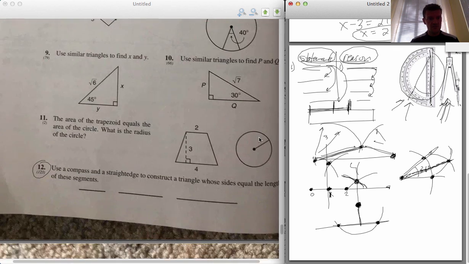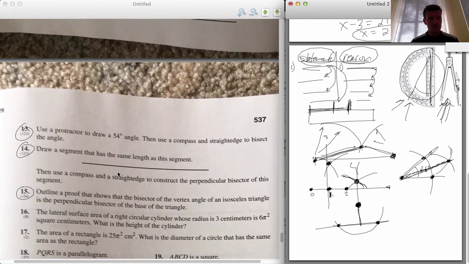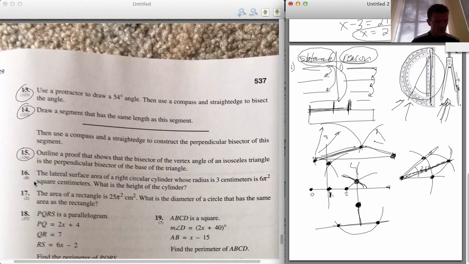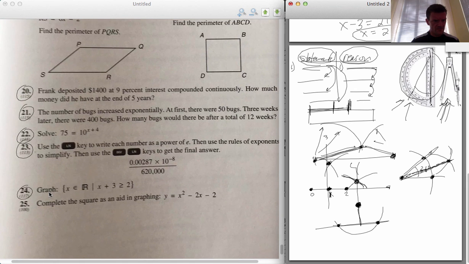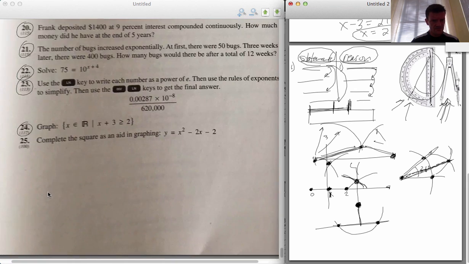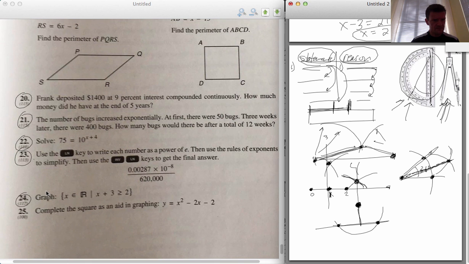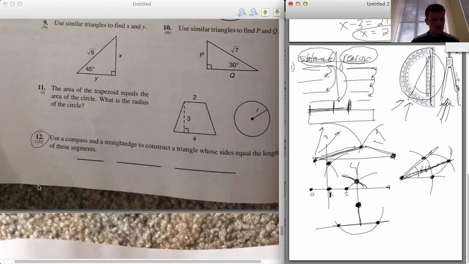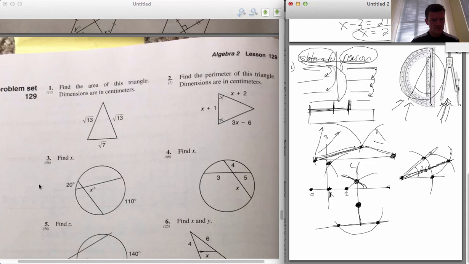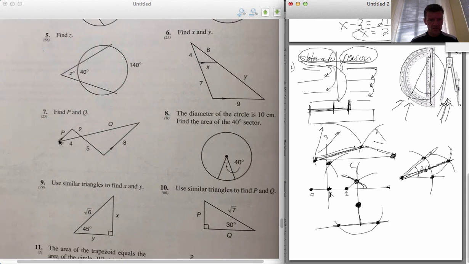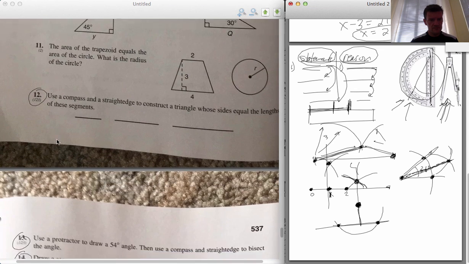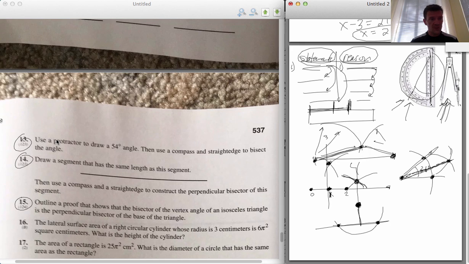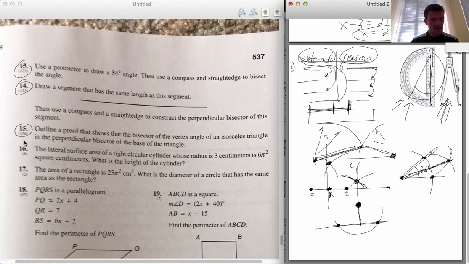Anything here? Problems at 129, I thought there'd be... Alright, I guess not.